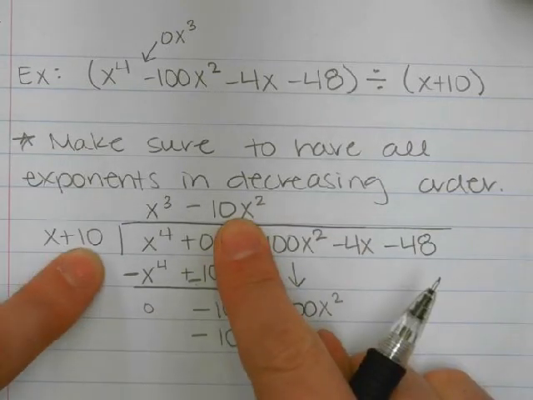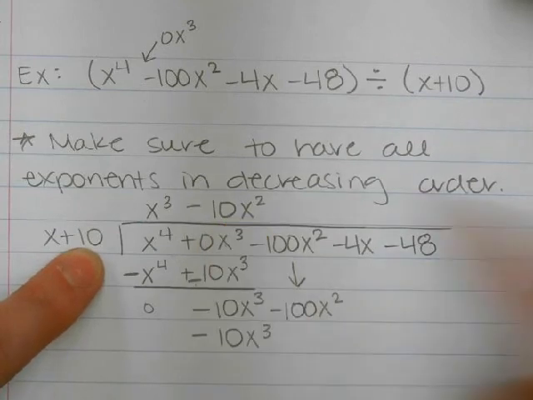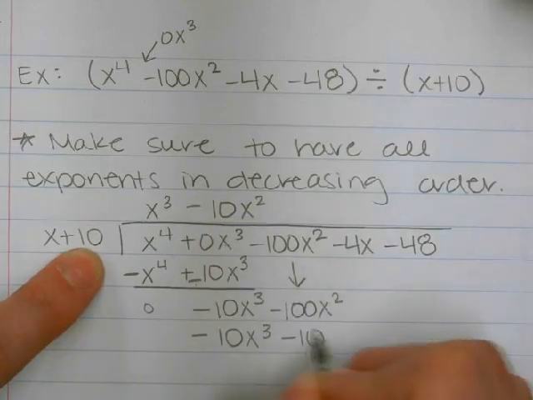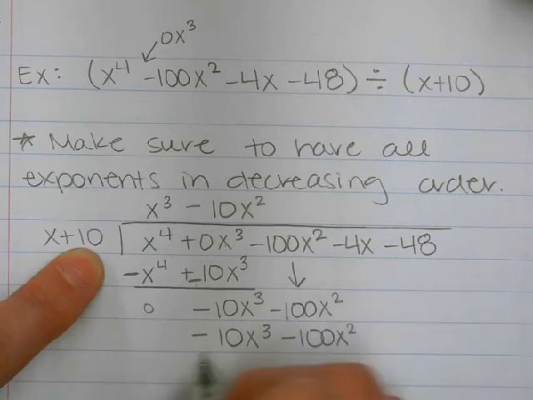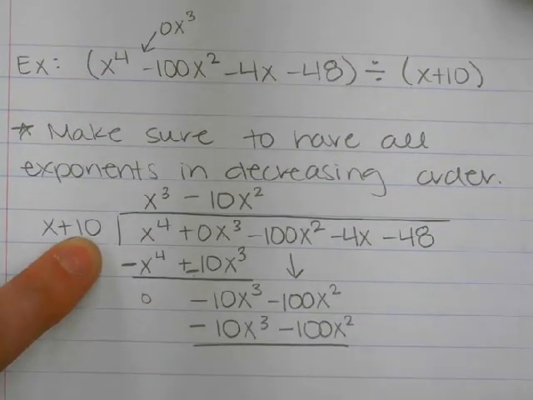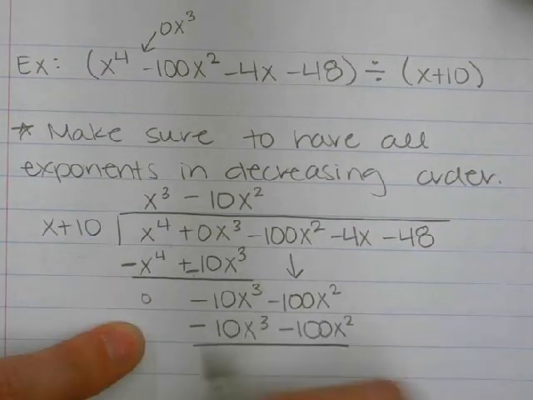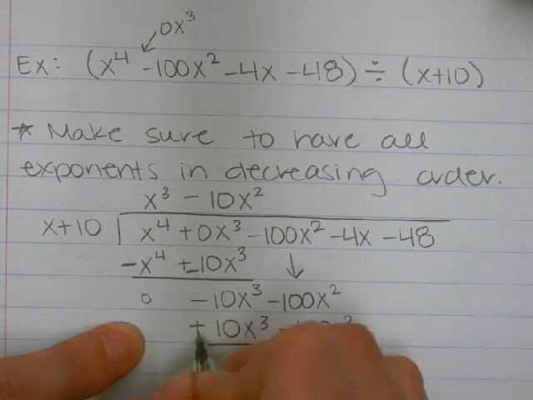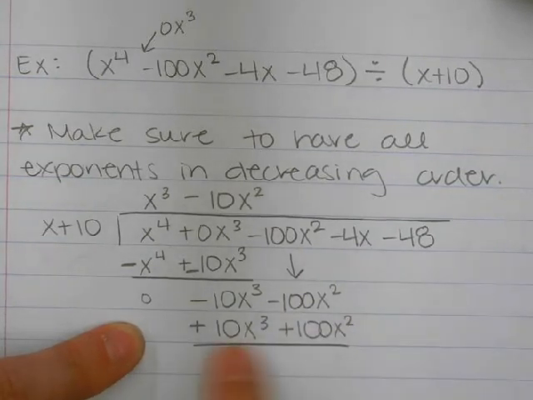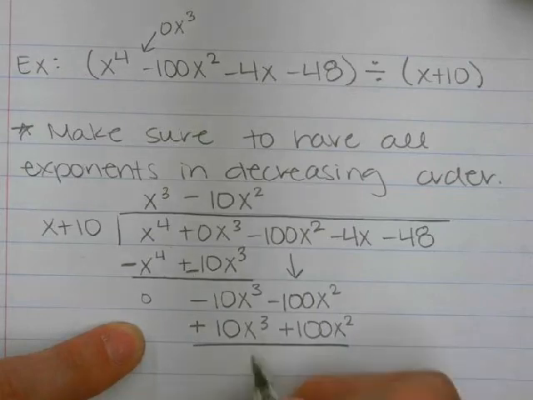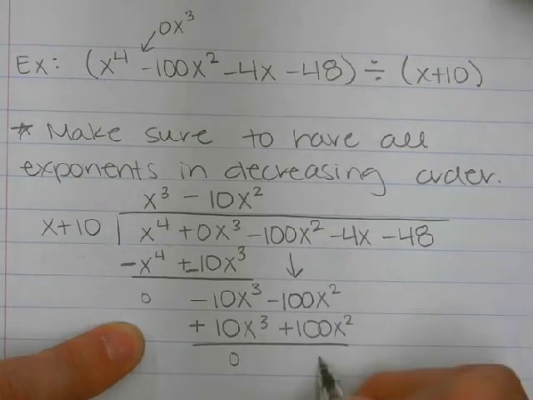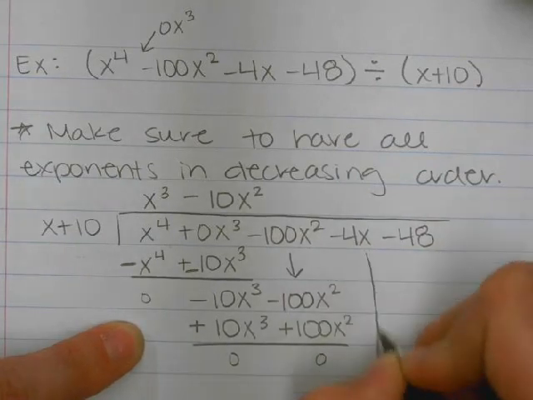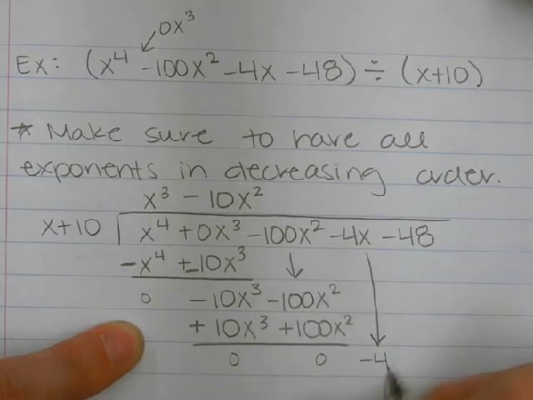Negative 10x squared multiplied by positive 10 is negative 100x squared. So if I look here, I drew my line, I have to change my signs, and both of these become 0. So I have 0 right here and 0 right there. So I'm going to drop down my next term, negative 4x.